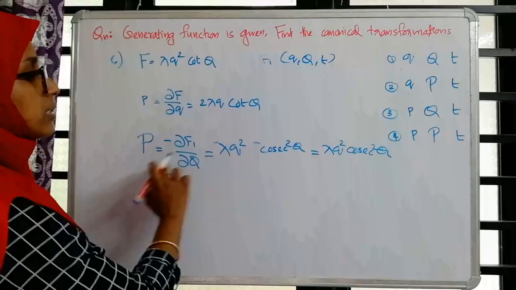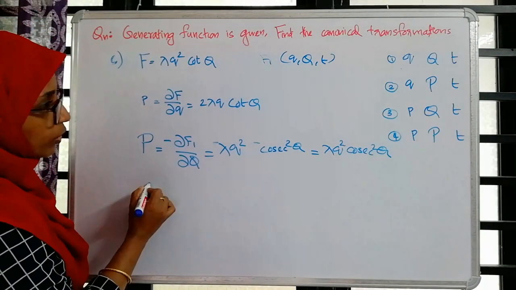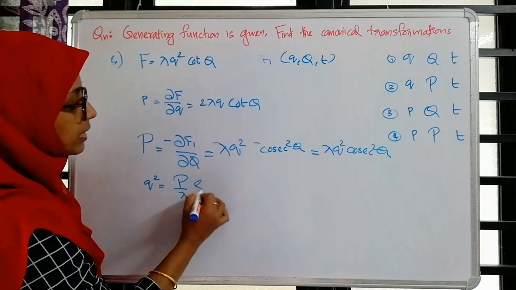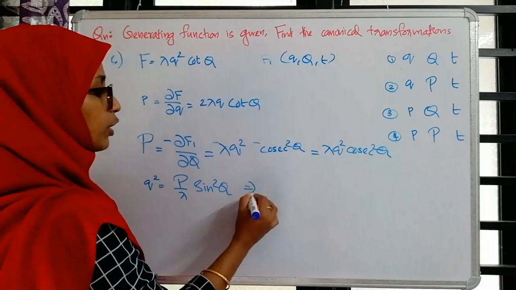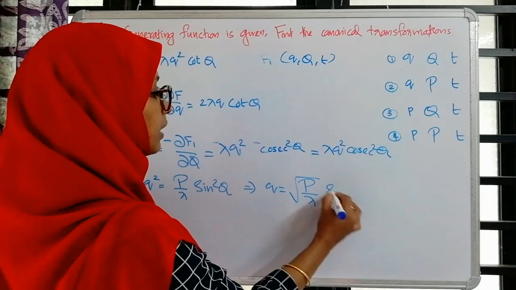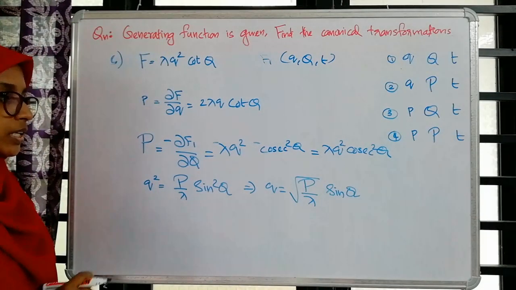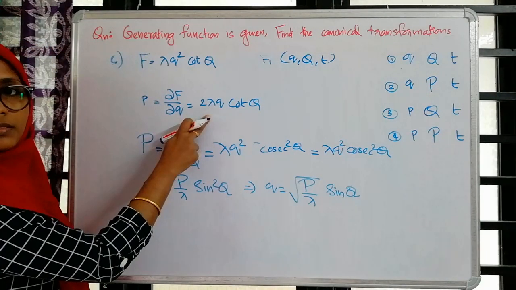Now, in this, I am going to rearrange to get the small q. That is, small q square is equal to P by lambda sine square Q. That is, q is equal to root of P by lambda sine Q. Now, I am going to substitute q in this equation.